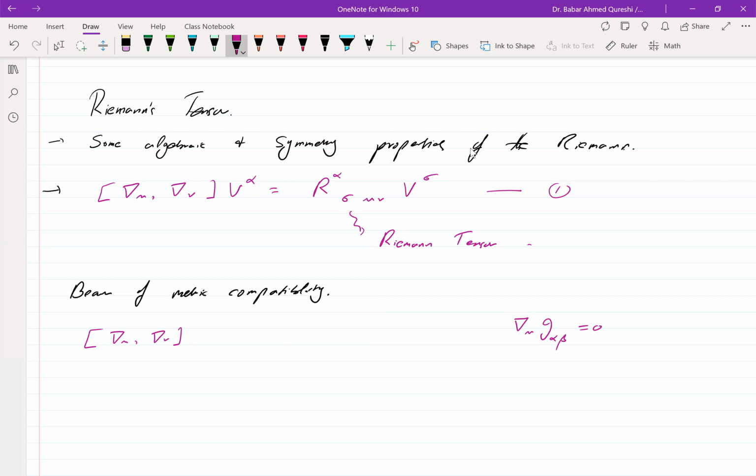So I can bring the metric inside the covariant derivative. For example, in this expression, I can multiply by the metric from the left to lower the index of this vector and make it a one form. This will go through all these derivatives. It doesn't even see the derivatives.